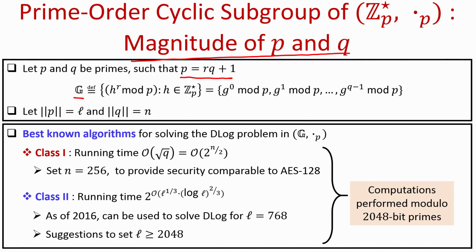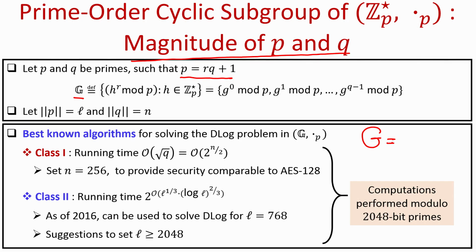For instance, if we instantiate the Diffie-Hellman key exchange protocol by setting G to be the set of all rth residues modulo p, then p should be a 2048 bit large prime number. Both the sender and the receiver have to perform computations modulo this large prime, which actually increases the running time of both.